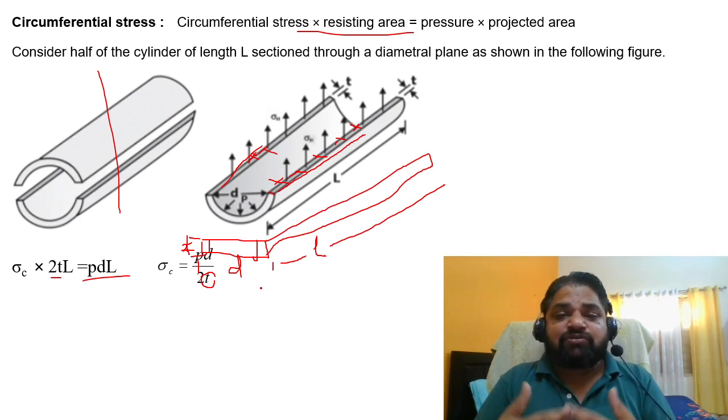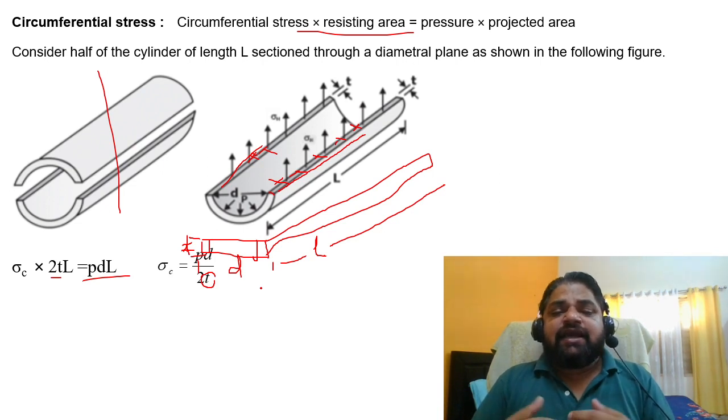Similarly, we must think about D, because if I increase D, fundamentally it is not going to help me: the sigma, or the circumferential stress, is going to increase. If I decrease D, then wherever I need a higher volume, for storage or for transportation, I cannot get it.